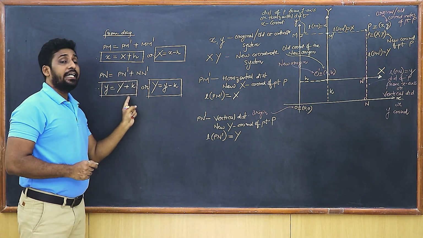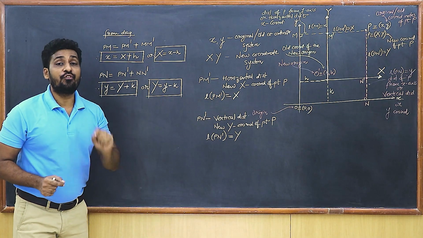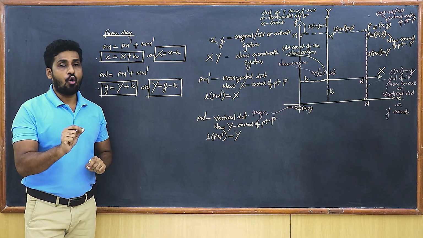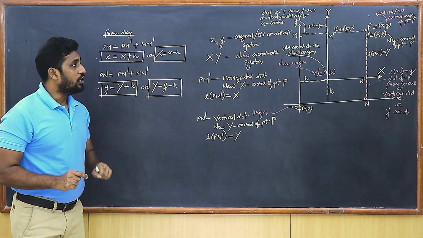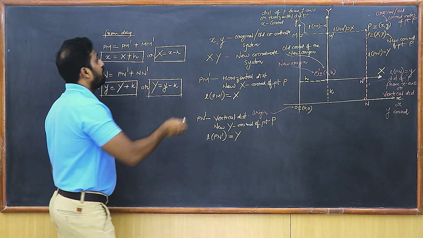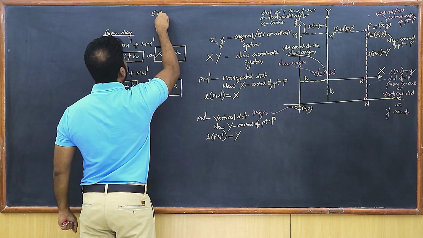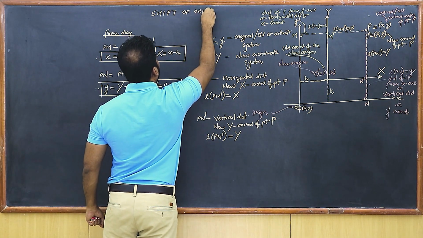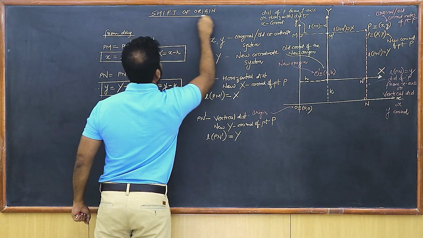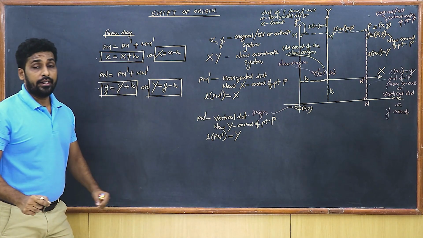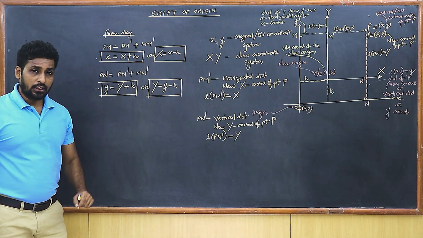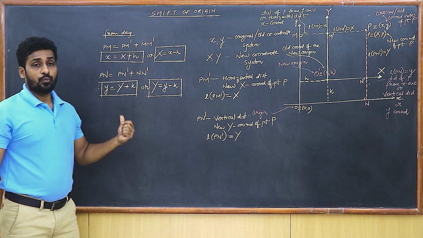And students, h and k are the coordinates of the shifted origin, and remember this h and k are the old coordinates of the shifted origin. So students, this concept is called shift of origin. Now this is a very important concept that you need to remember, because now we are going to take some questions which are based on this particular concept.